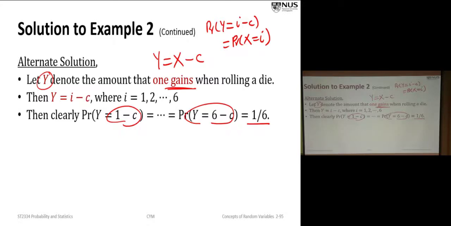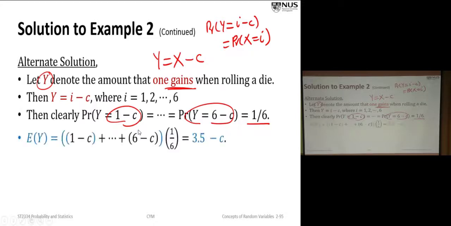So the probability of Y equal to I minus C, where I is the outcome, I equal 1, 2, 3, 4, 5, 6, is the same as the probability of X equal to I, because Y equal to I minus C is exactly the equivalent event as X equal to I. So it's 1/6. So we work out the expectation of Y, which is 3.5 minus C.